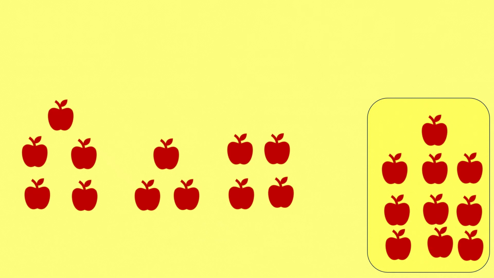How many apples are here? So 1, 2, 3, 4, 5. On the next one, 1, 2, 3. On the next one, 1, 2, 3, 4.